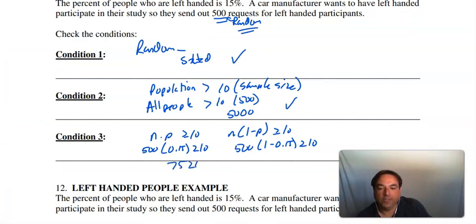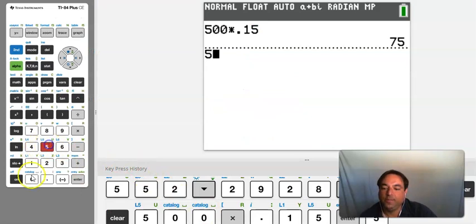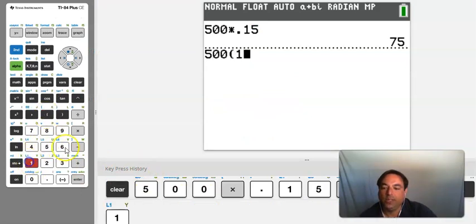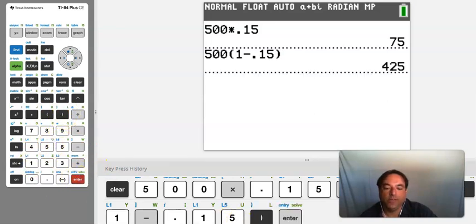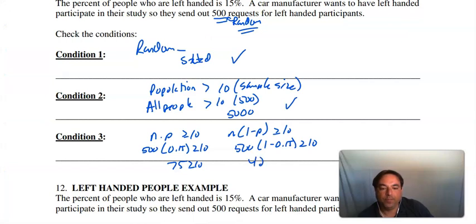That is greater than or equal to 10. And 500 times 1 minus 0.15, that gives you 425. That is greater than or equal to 10. So it passes condition 1, condition 2, and condition 3.